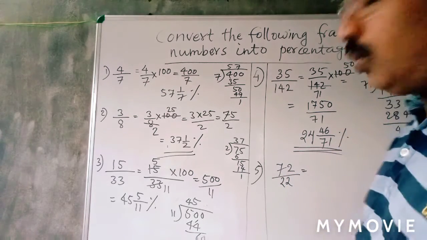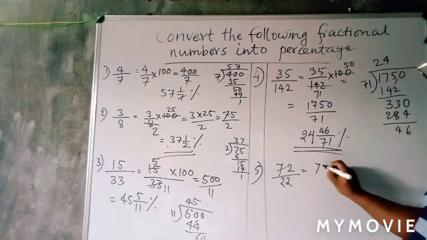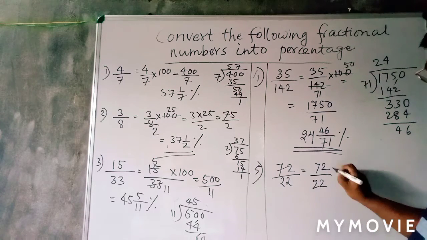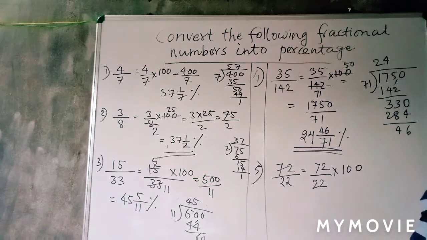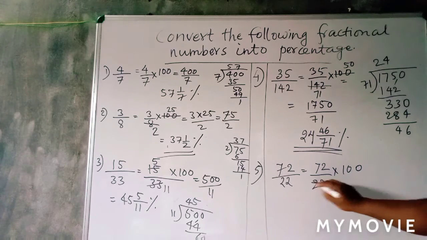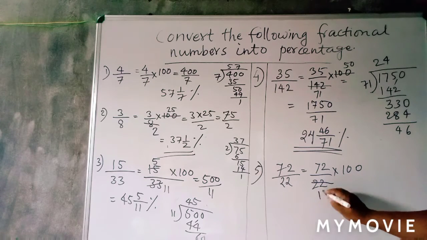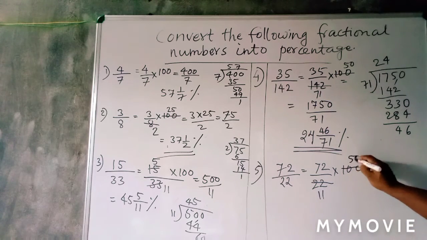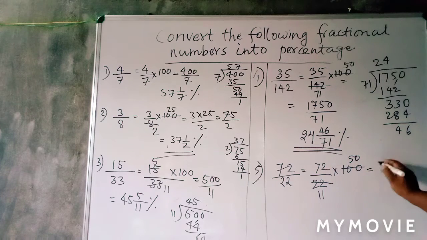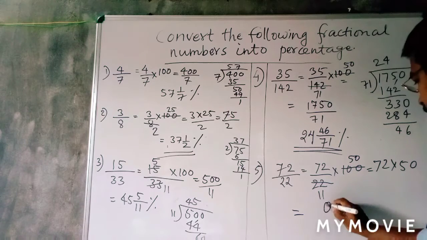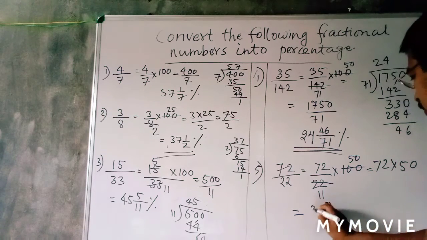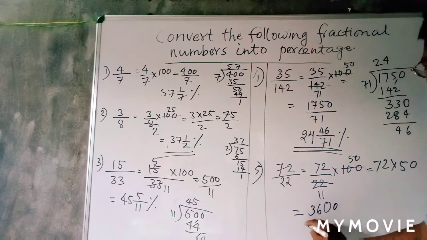One more example. 72 by 22 into 100. You divide this number with 2, you will get 11 here and 50 here. And we multiply 72 into 50, which is equal to 3600, divided by 11.